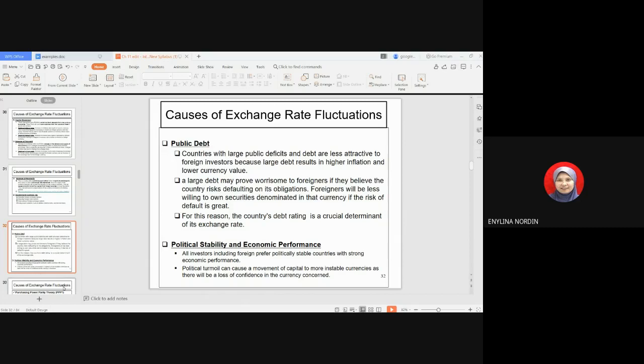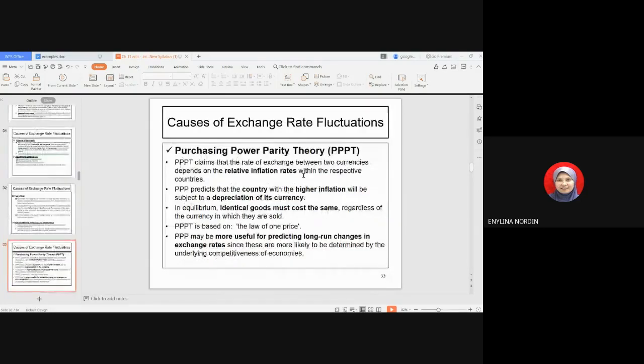Next, we want to see how the inflation rate influences the exchange rate, by applying the purchasing power parity theory in detail. So what is PPP? PPP is purchasing power parity theory.